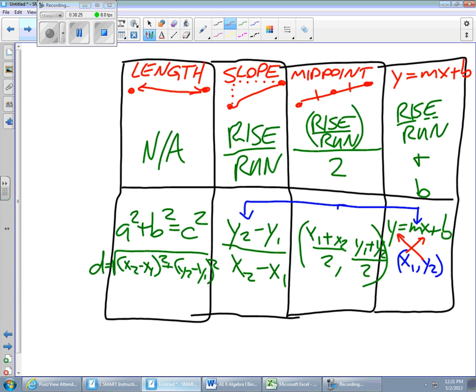Using all that information, you ought to be able to plug in for y, for m, and for x. That would leave your y-intercept as your only unknown value, and you can solve for the y-intercept from there. So there are the formula methods for coming up with that information.